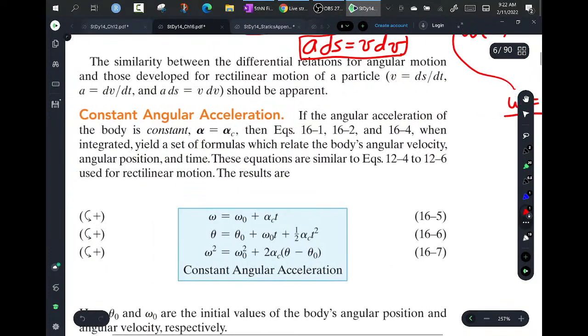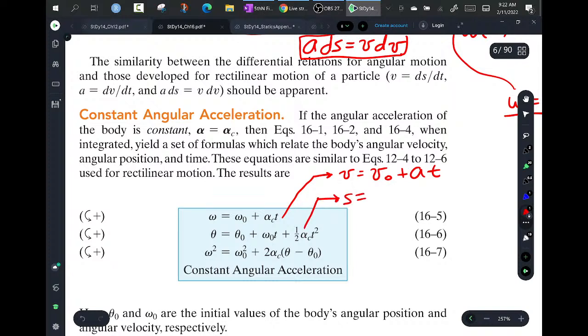Here's what I mean. If you have a constant angular acceleration, this is exactly the equations that we had before, except, think about it in the previous section, we had v is equal to v naught plus acceleration t. And for here, we had s is equal to s naught plus v naught t plus 1/2 the acceleration t squared. So if you look back in that chapter 12, you'll see exactly those equations.